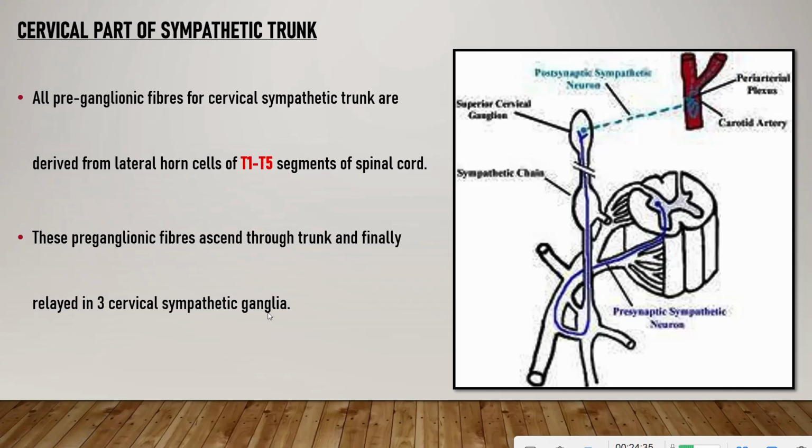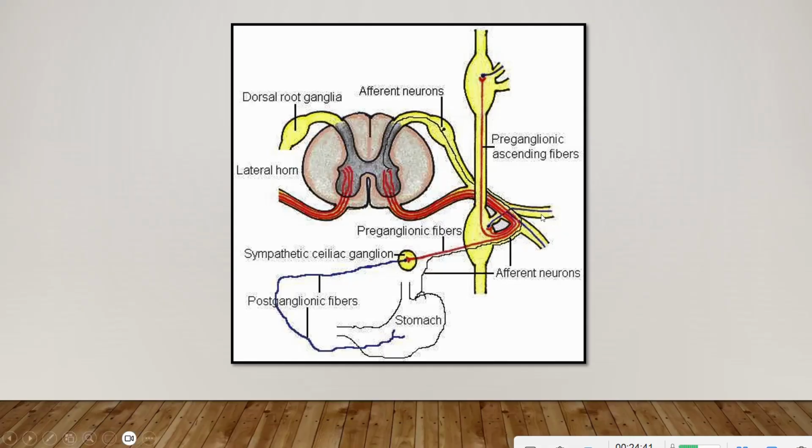Here you can see I have shown the diagram of a typical spinal nerve. I am not talking about the cervical sympathetic chain now, but the typical spinal nerve, corresponding to the spinal cord. For example, in a thoracic segment, what happens?